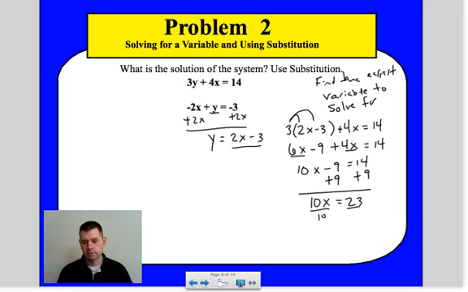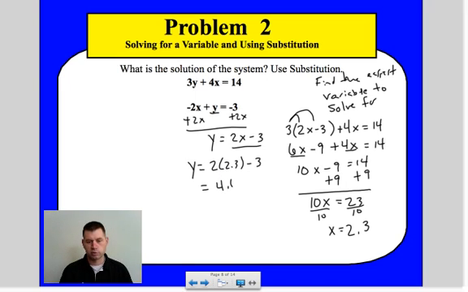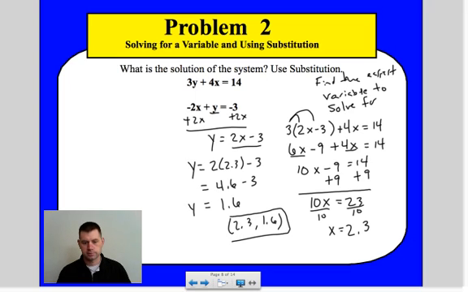Divide by 10, and x is equivalent to 2.3. Now you know what x is, and you have y solved for, so I would just plug in 2.3: 2 times 2.3 is 4.6, minus 3, which gives us 1.6 for y. So 2.3, 1.6 is our answer.